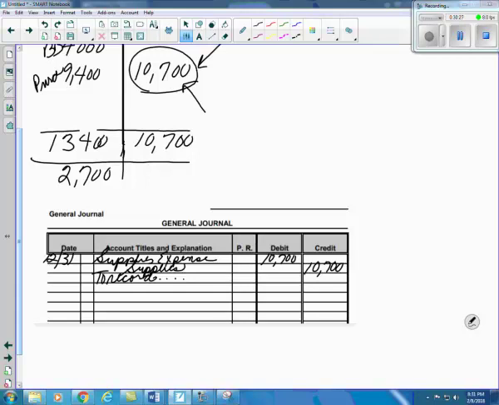Remember, in the prior chapter, we had businesses that were purchasing supplies on account or for cash, and you had to debit your supplies asset and credit cash or credit accounts payable. Then we do that all month long or all year long, but at some point, when we're going to produce a financial statement, we have to recognize the expense.